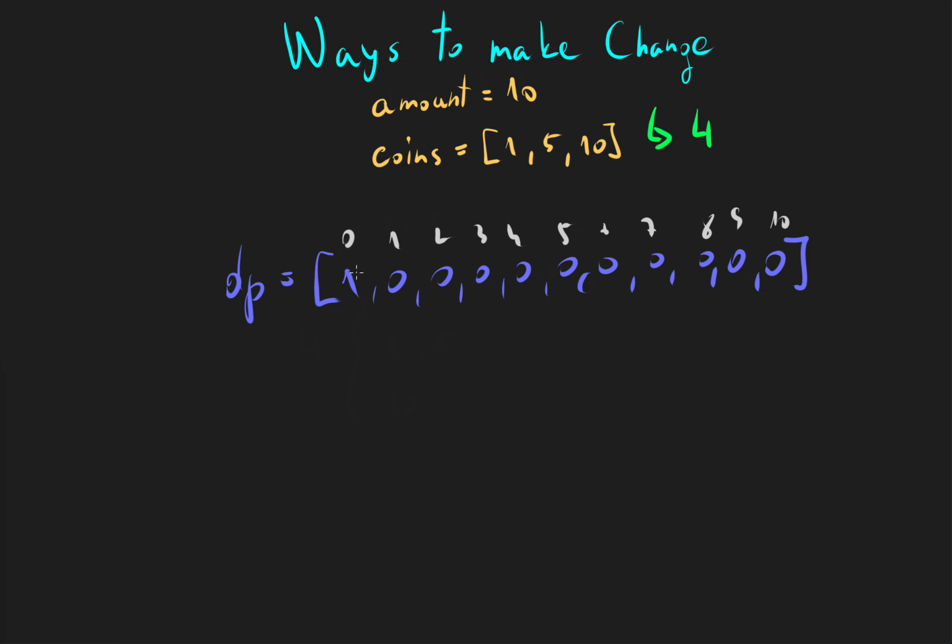After that, we just update the values from taking coins. So we start with coin number 1, and we update DP values. So let's say that we're here. We update it with how many ways there are to construct 1, where it's just 1, right?